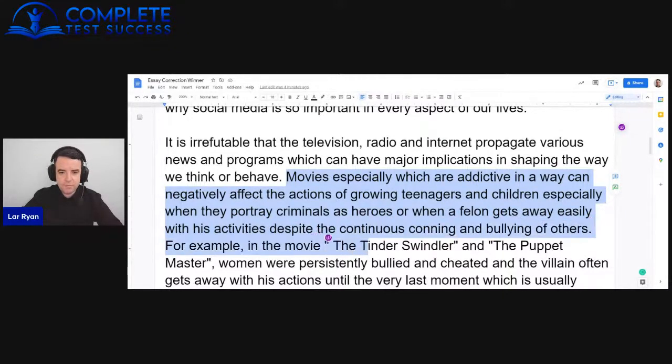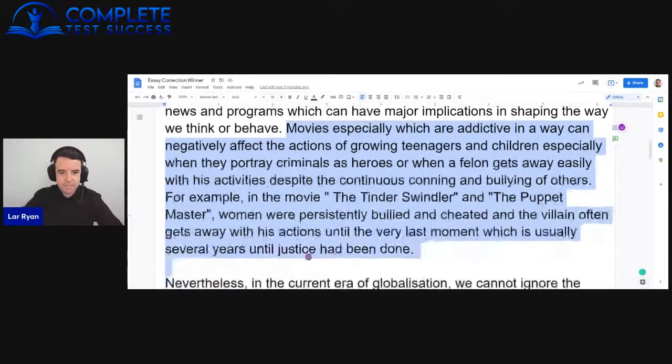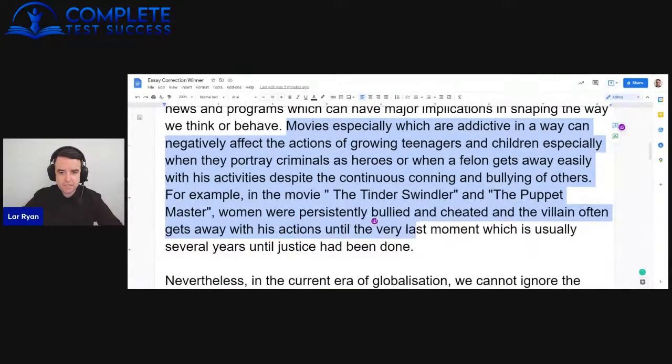For example, in the movie The Tinder Swindler and The Puppet Master, women are persistently bullied and cheated, and the villain often gets away with his actions until the very last moment, which is usually several years until justice has been done.